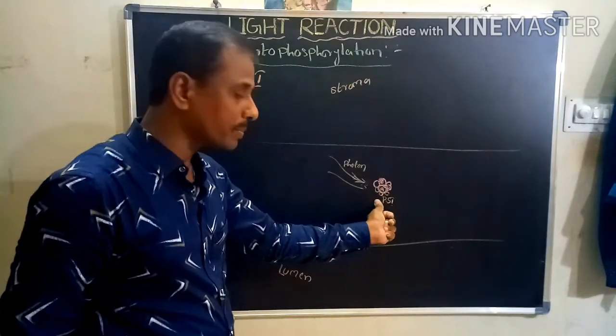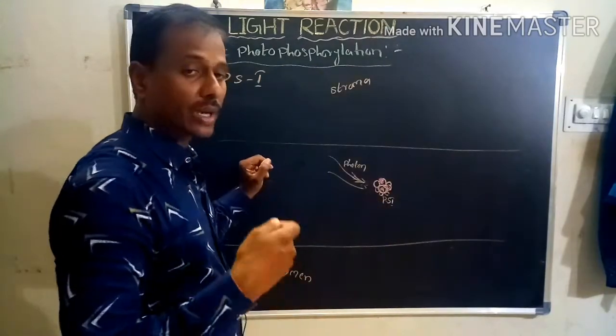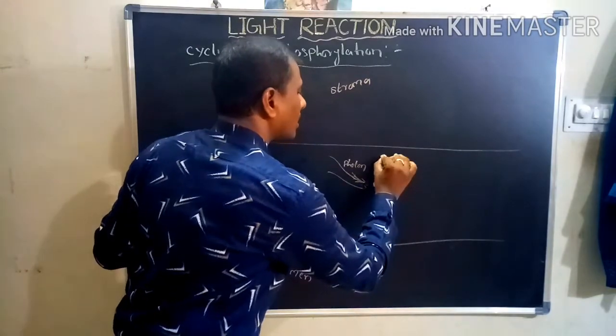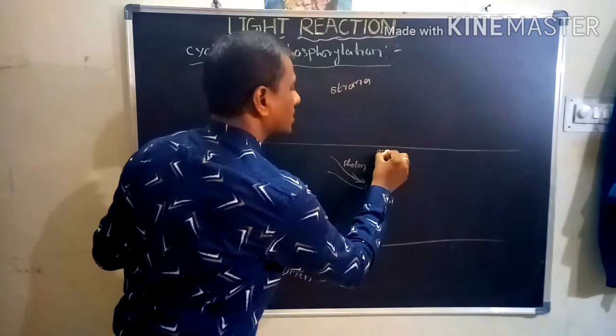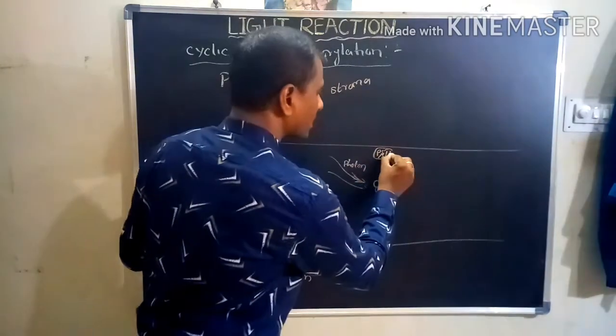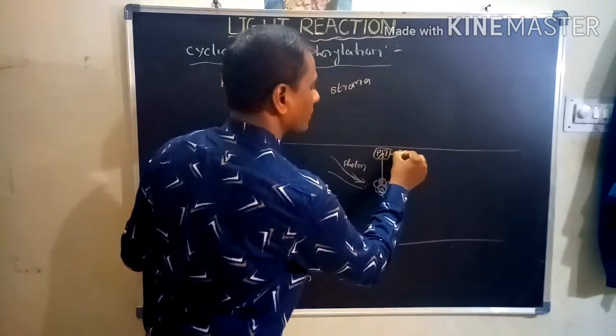The ground state PS1 reaction center becomes excited. The chlorophyll molecule becomes excited and releases the electron. This excited state PS1 releases the electron.